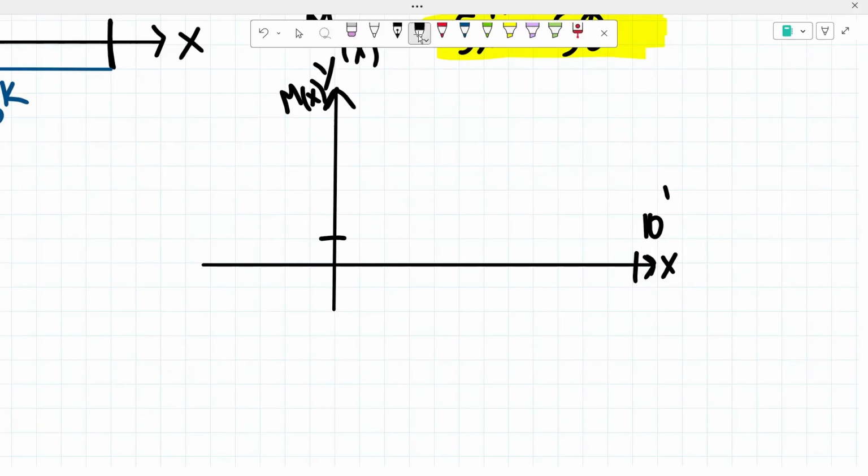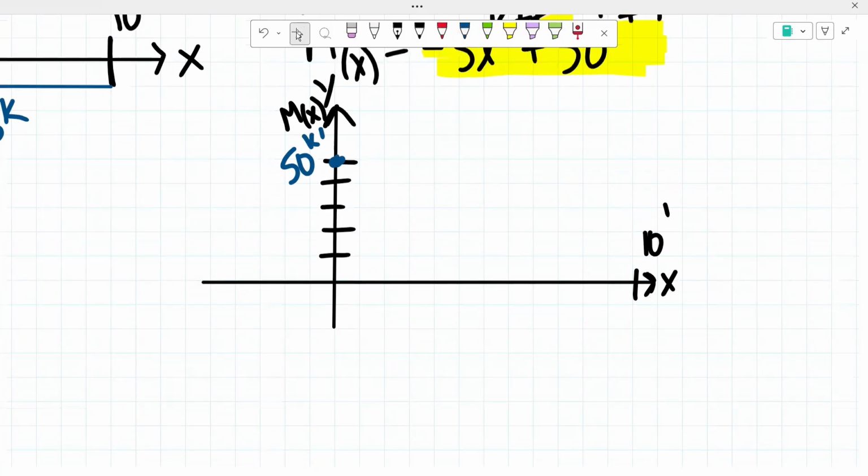Okay, every dash is 10 kip feet. So we have 10, 20, 30, 40, 50. So this is where we start off our moment diagram, that 50 kip feet.